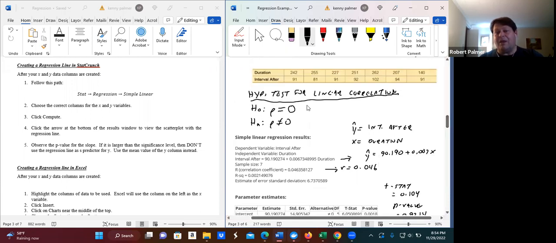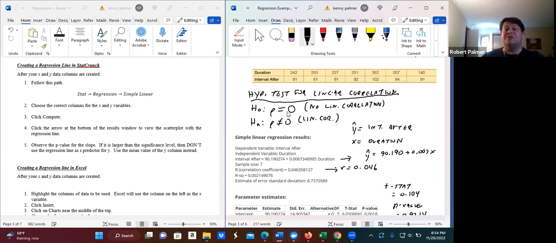Let me go back and make a note to make this more clear. If we have this and we assume no linear correlation, and here, if we take this, there is a linear correlation, just to abbreviate that. So this is assuming no linear correlation exists. Here, this is basically saying there's enough evidence that the linear correlation does exist.